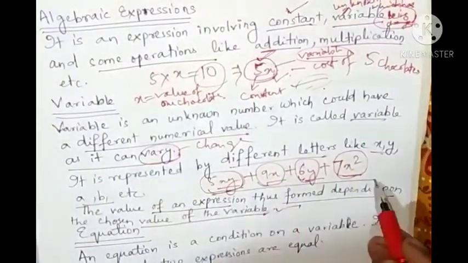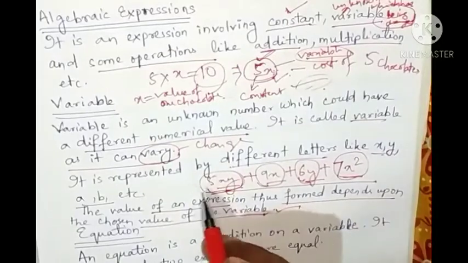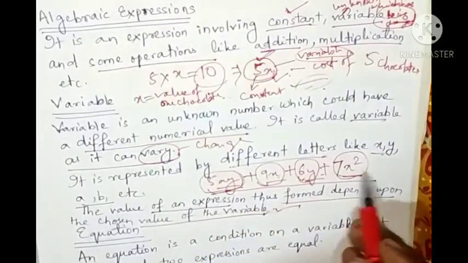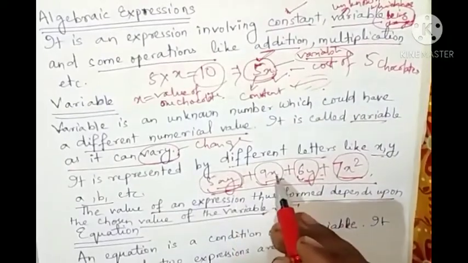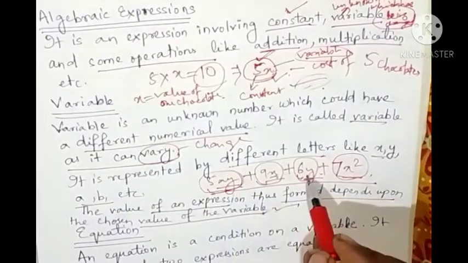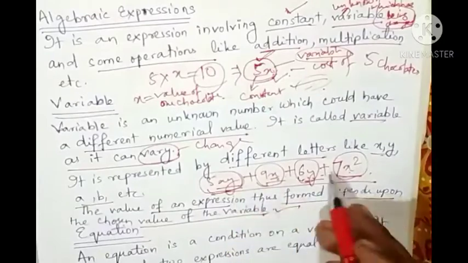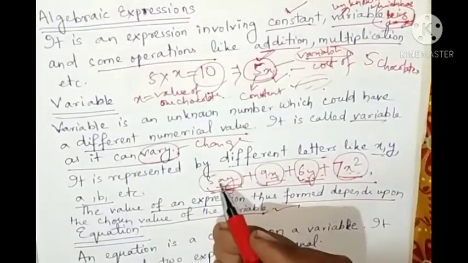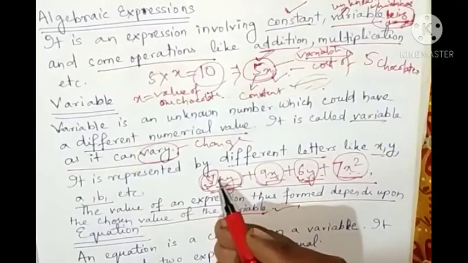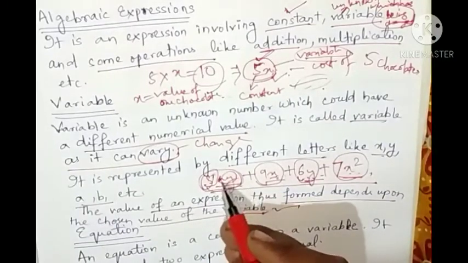And this is one expression. Here 4 different terms are there because xy is different from x, is different from y, is different from x square. So different variables give different terms.